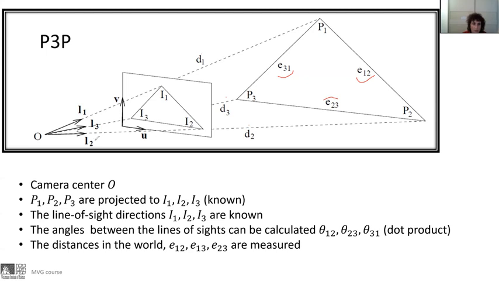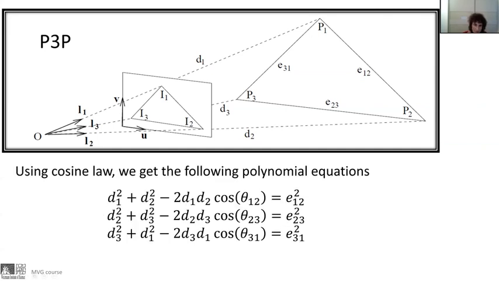But first of all, I would like to calculate D1, the distance between the camera center and the point in the world, okay? And the way to do it is to use the cosine law of the triangles, okay? So the unknowns here are D1, D2, and D3, right?